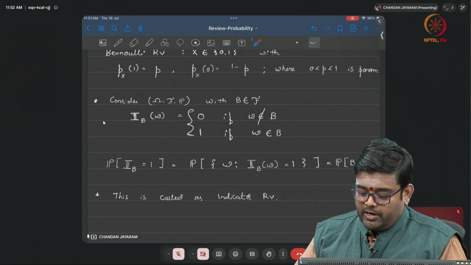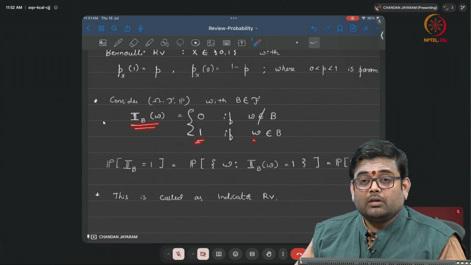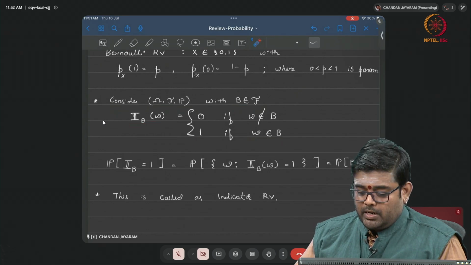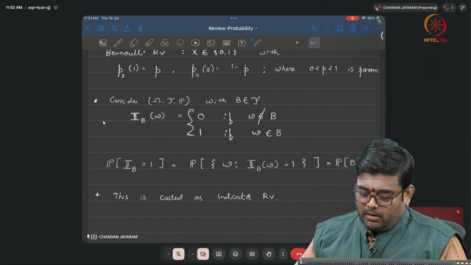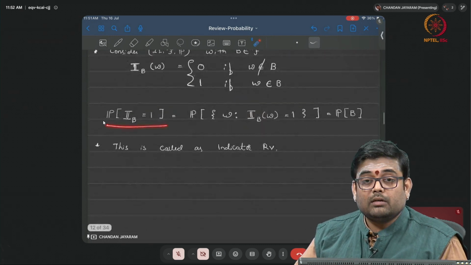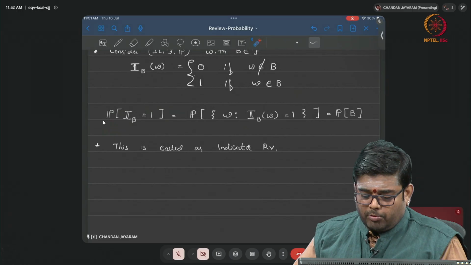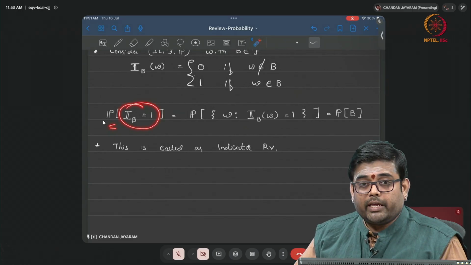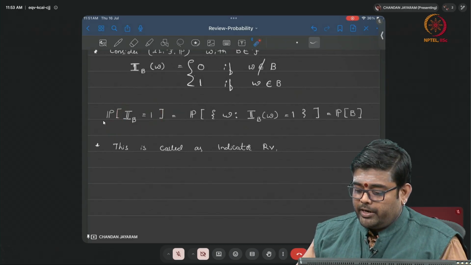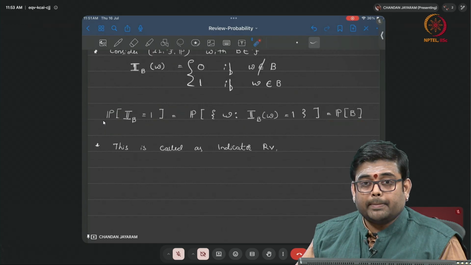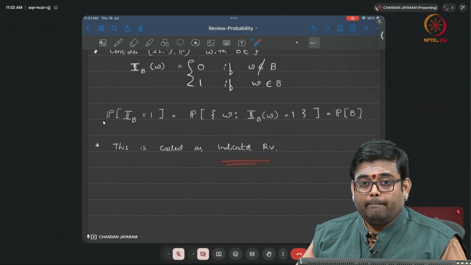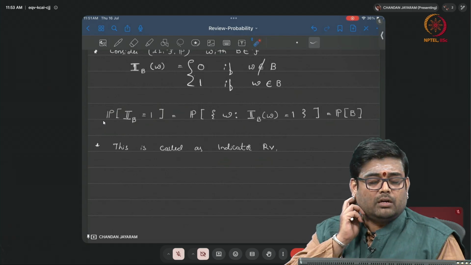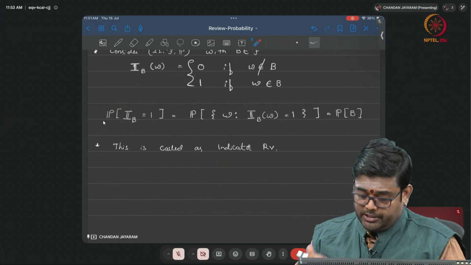The indicator random variable takes the value 1 if w belongs to B, and 0 if w does not belong to B. Therefore it can be immediately seen that the probability of the indicator random variable taking the value 1 is the probability of occurrence of B. This is what is famously known as the indicator random variable, which we will be using very often during our discussions.